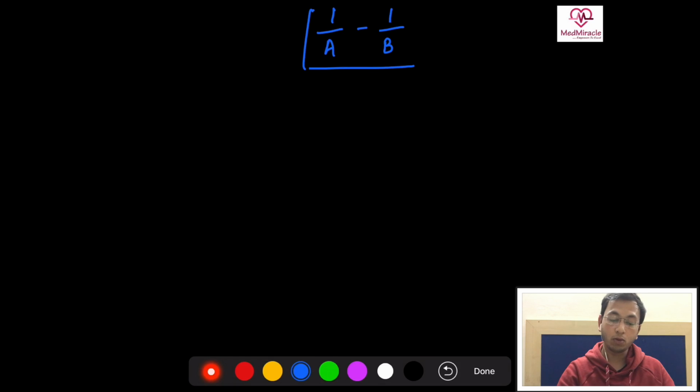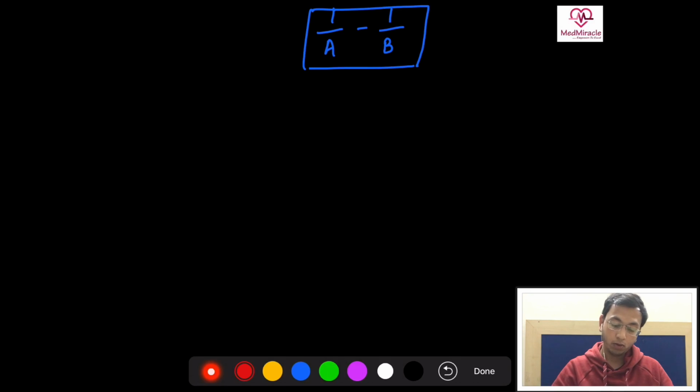So this is my score: 1 divided by A minus 1 divided by B. The factor that determines the actual value of this equation is the relative number of A and B, that is, the relative number of correct and incorrect options in the exam.